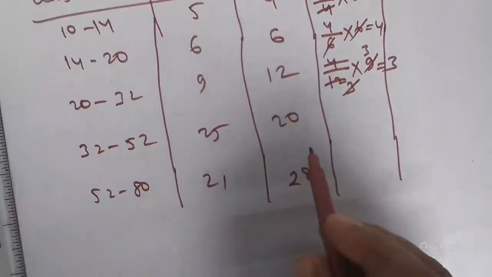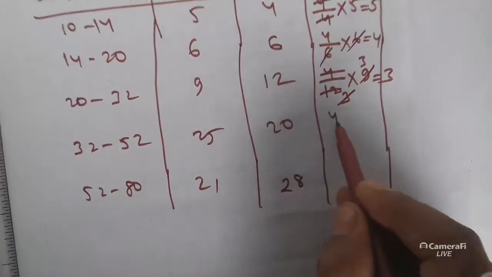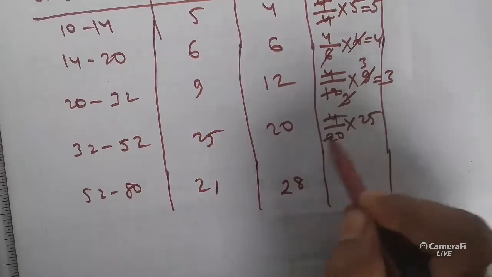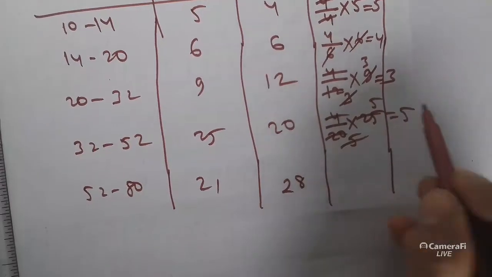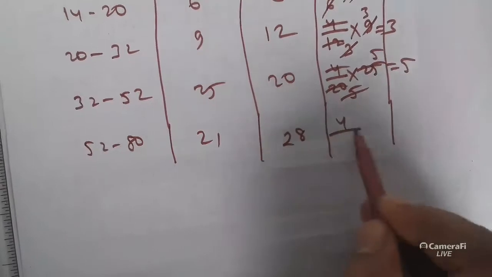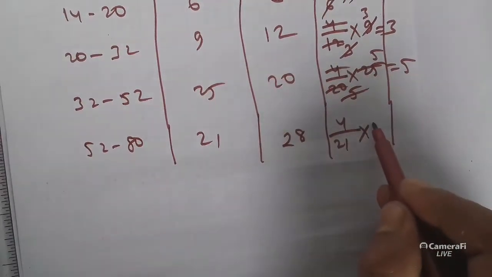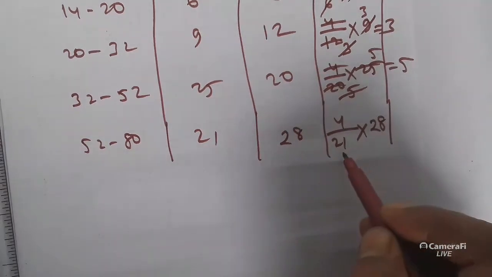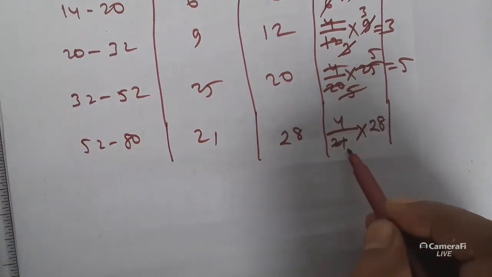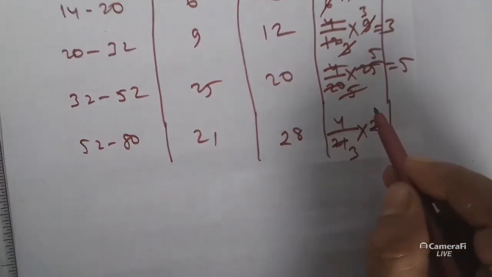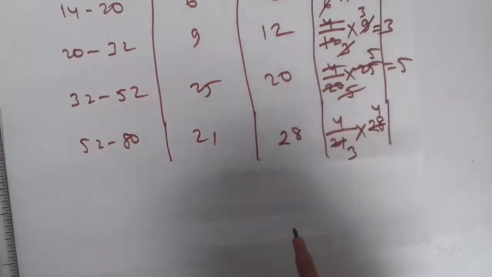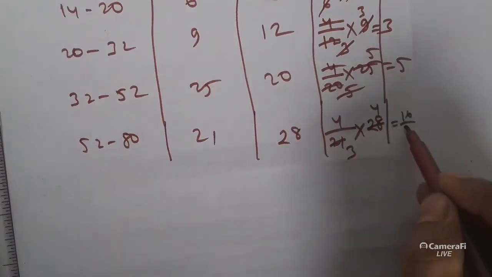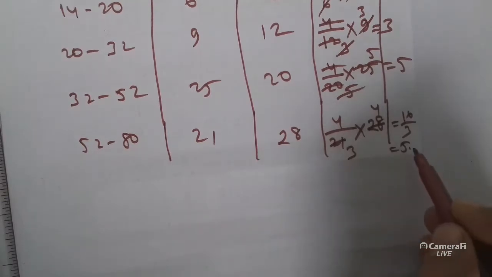It will be 3. And then here the small class width is 4, the real class width is 20 and the frequency is 25, so it will be 5. And the last one is 4 by 21 into 28, so it will be 16 by 3, that means 5 point something.